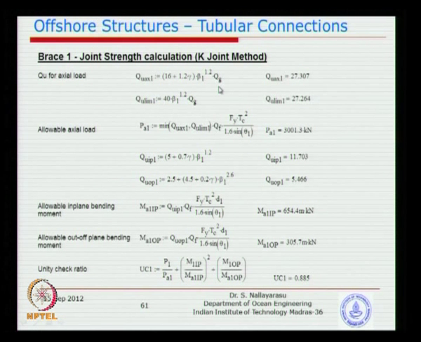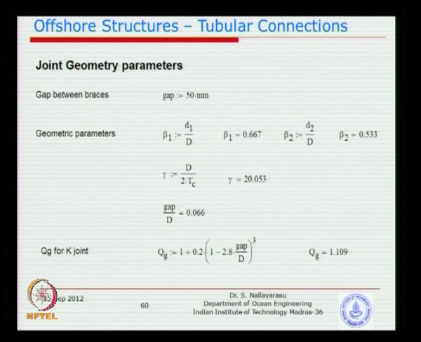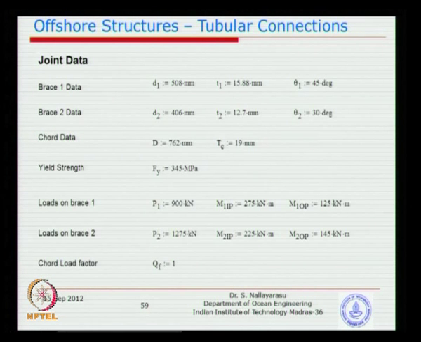If it is a Y joint you do not have that QG. QF fortunately was given as 1 because there is no load on the chord; otherwise you would have to go back to your QF equation, substitute all the parameters and find QF. Then you come back here, because basically you see here QU multiplied by QF multiplied by Fy T squared divided by 1.6 sin theta.